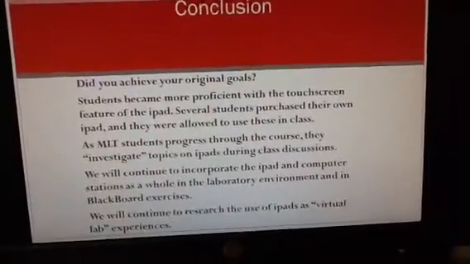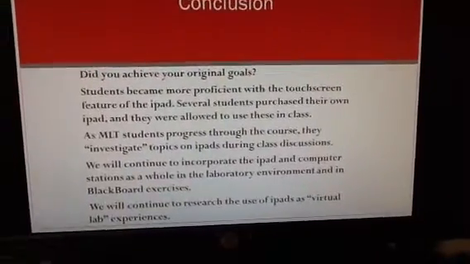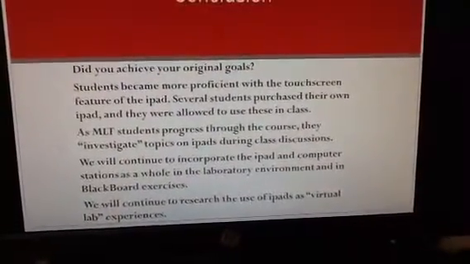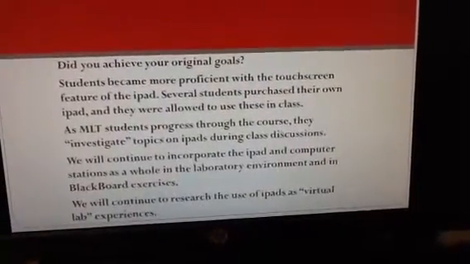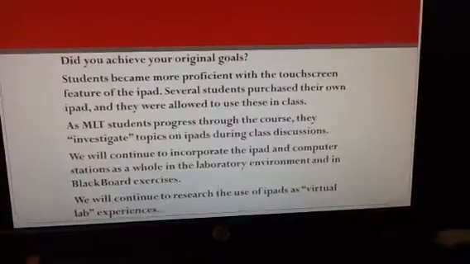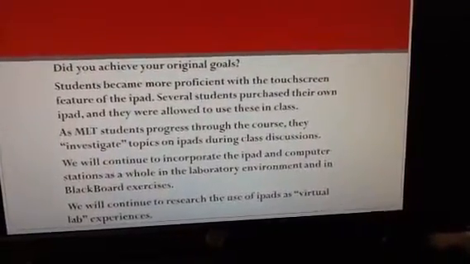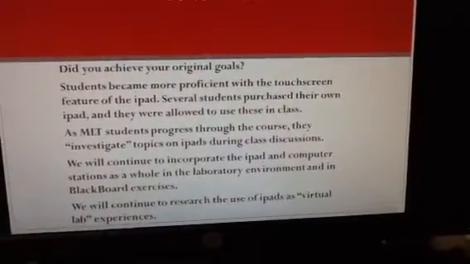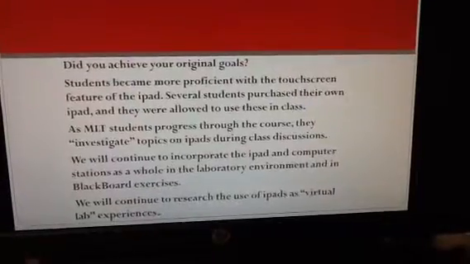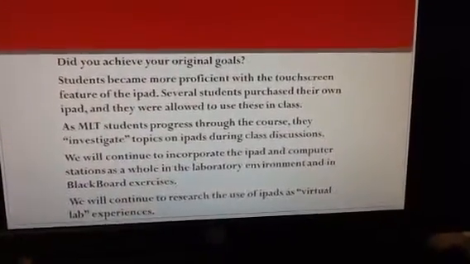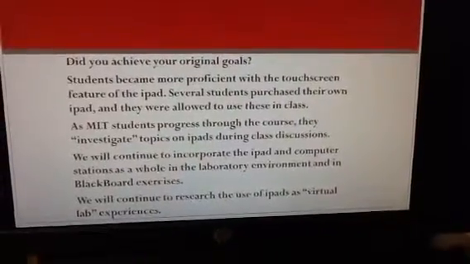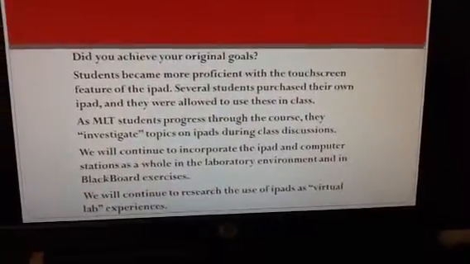So in conclusion, Betsy asked, did you achieve your original goals? I would have to say that students did become more proficient with the touchscreen feature of iPads. Several students ended up purchasing their own iPads or other tablet-type pieces of equipment, and we did allow those to be used in class.